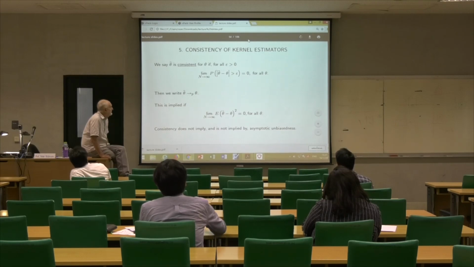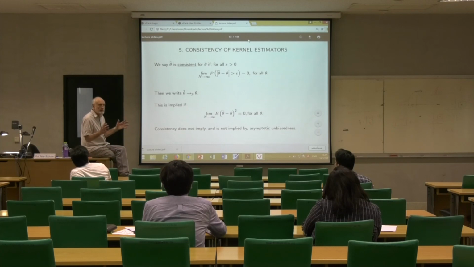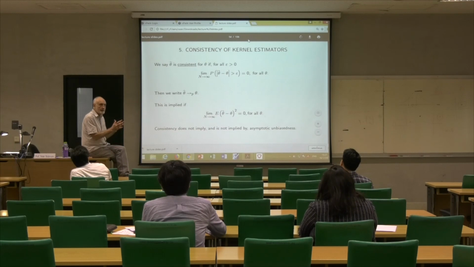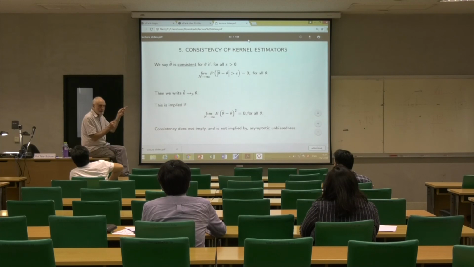goes to infinity. What it's saying really is that the distribution of theta hat is collapsing onto the point theta. So it's a different property from asymptotic unbiasedness. In fact, you can have this holding without asymptotic unbiasedness because there's no assumption that theta hat has any moments.